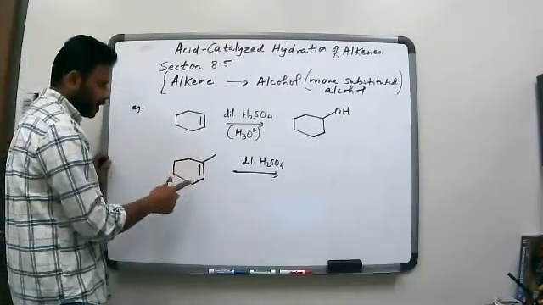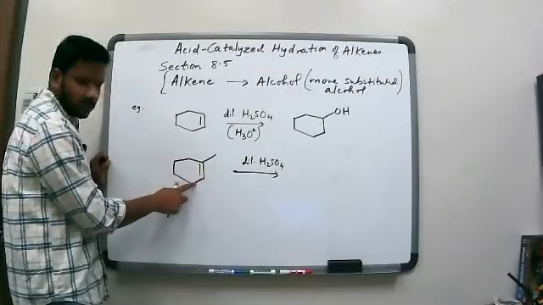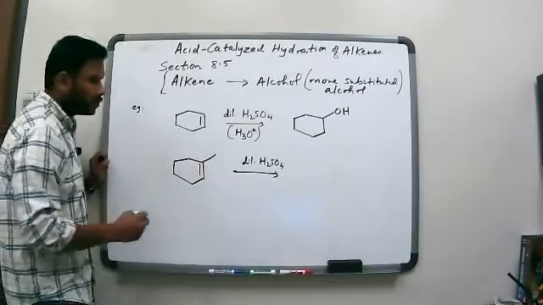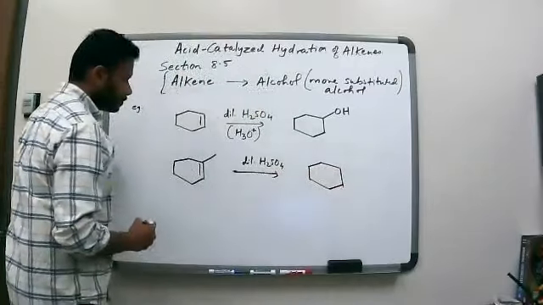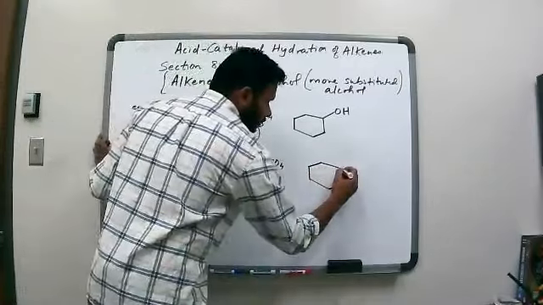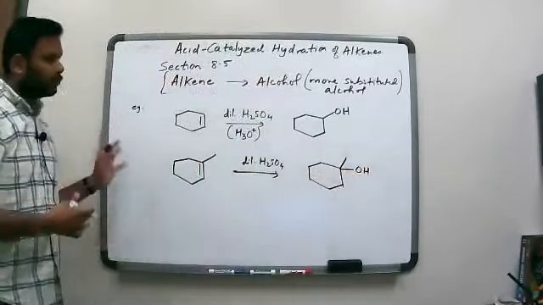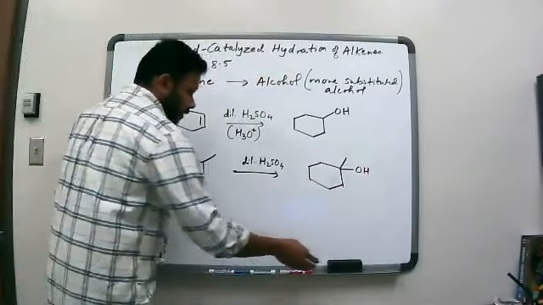This carbon has one substituent. That carbon has two substituents. So that's more substituted, which means in this particular case our product is going to be that alcohol: the more substituted alcohol, whenever we have that choice.